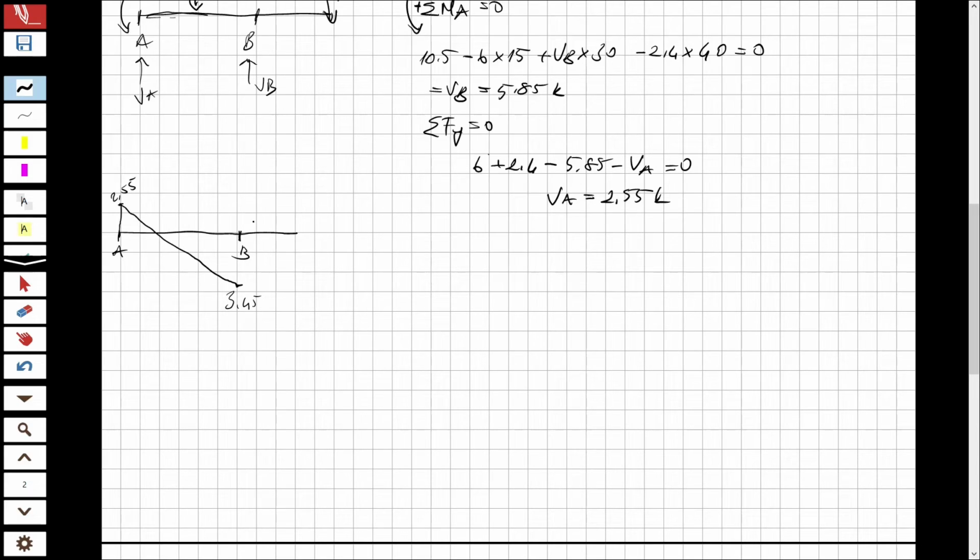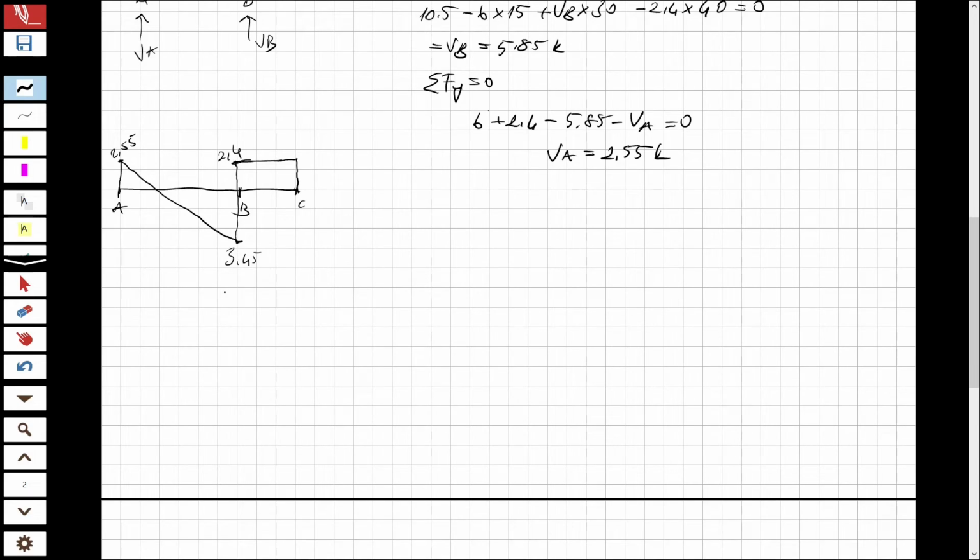And now, at B, I have a force 5.85, so I'm going to raise it up. 5.85, and it will start with 2.4, and I have no force until the point C. So I will continue with 2.4, and it will be closed by the force that acts at C. And now you can see this is our shear diagram.